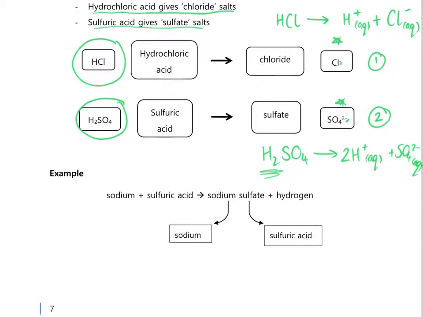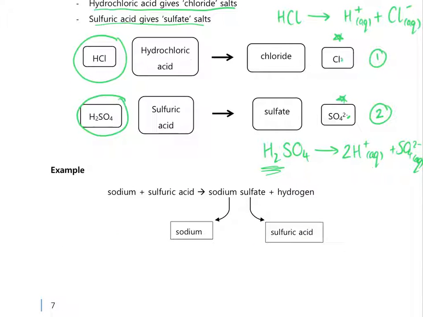So let's have a look at an example of naming those salts. Well, here we've got sodium reacting with sulfuric acid. The first part of the name we said comes from the metal, and it remains unchanged, so it's just sodium. The second part of the name comes from the acid, and sulfuric acid changes its ending to sulfate, and so the name of our salt is sodium sulfate.